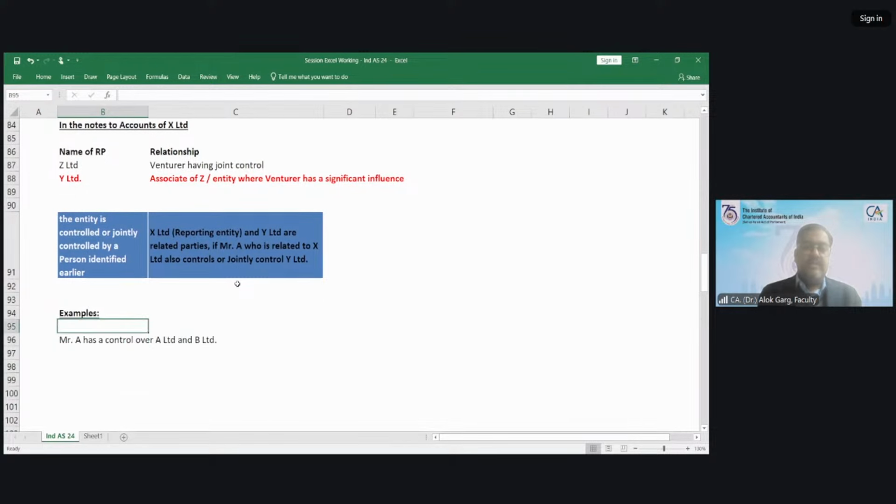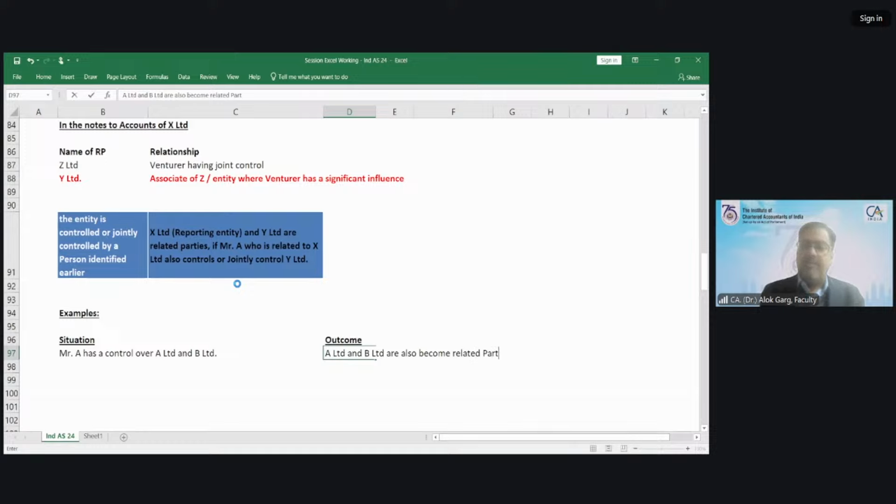So in this situation, the outcome: Mr. A is a related party to A, and a related party to B. In this case, A Limited and B Limited both also become related parties, because the same person has control.